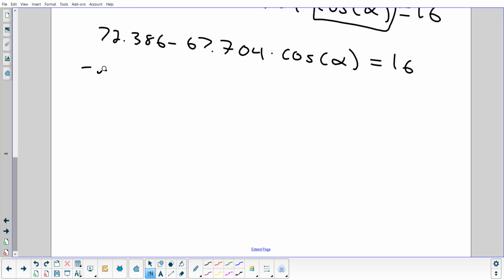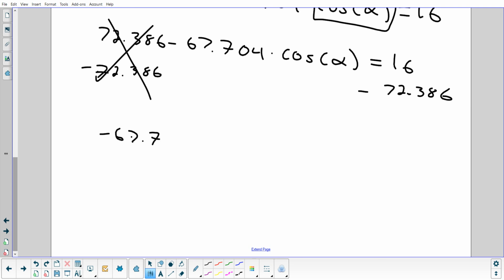So minus 72.386. That's going to cancel. If somebody can type that in for me, 16 minus 72.386. 56.386. Negative 56.386. Cosine alpha equals that. All right.